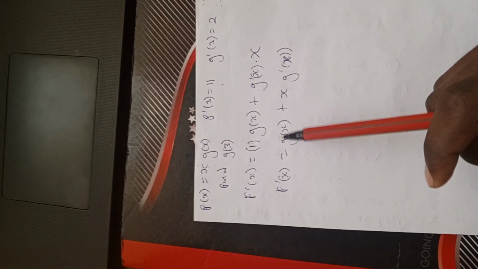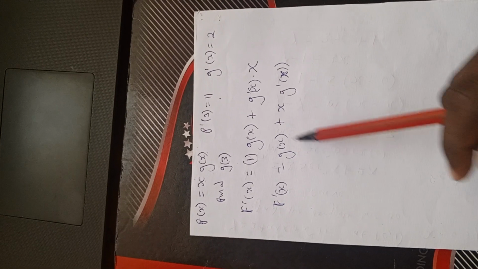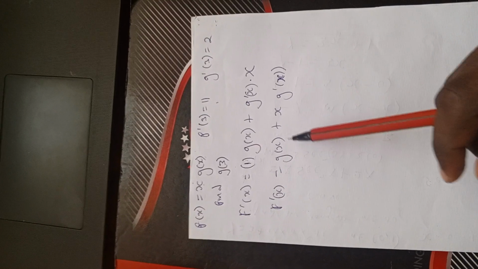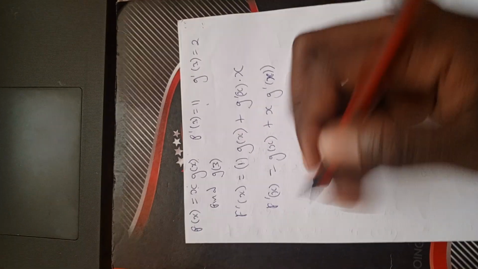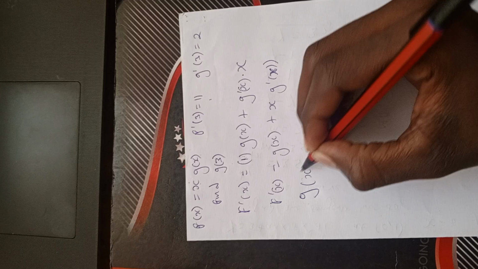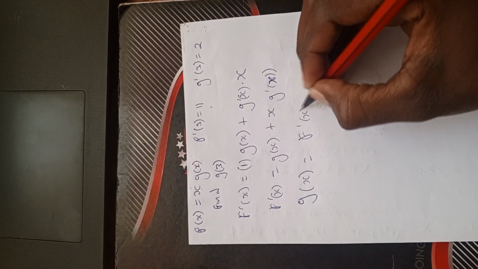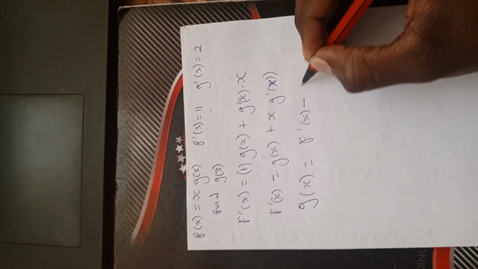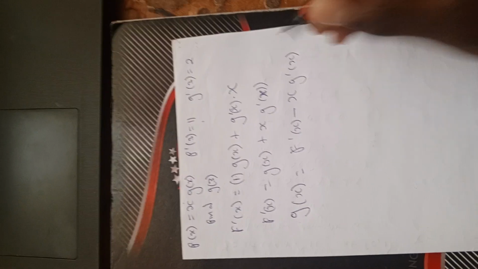Now look, what we have been tasked to find is g of 3. We can make g of x the subject and then substitute 3 for x. So g of x is equivalent to f prime of x subtract x g prime of x.